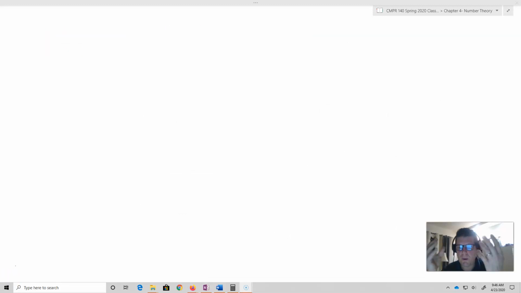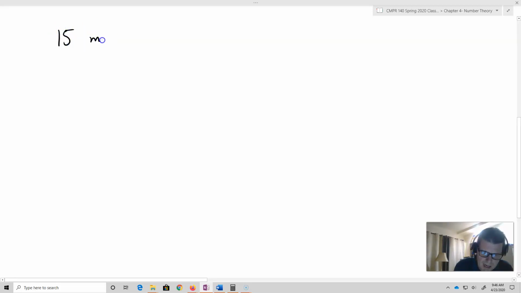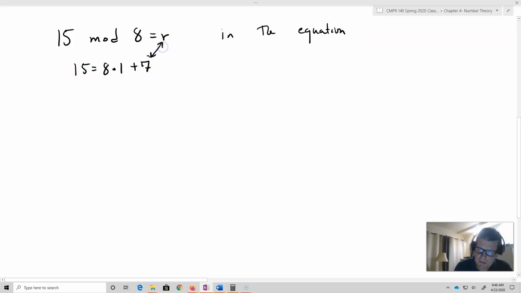So first, let's review a little bit about what we mean by counting in modulo, because that's going to become really important. When we say something like 15 mod 8, this is going to equal r in the equation, our remainder in the equation for the division algorithm. 15 equals 8 times 1, in this case plus 7.